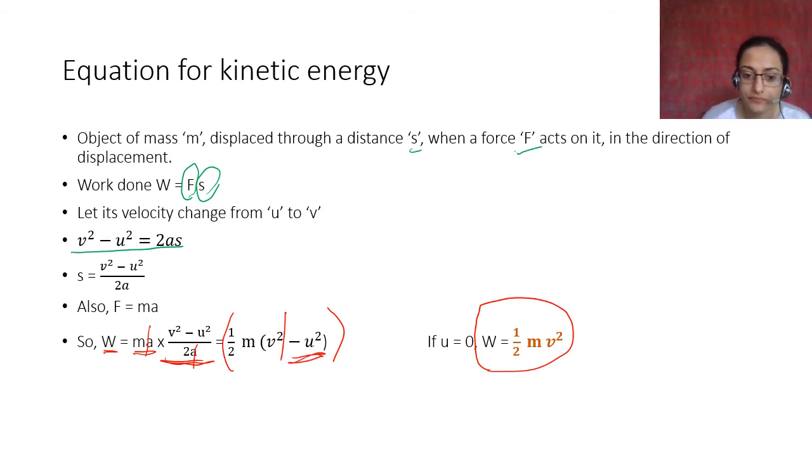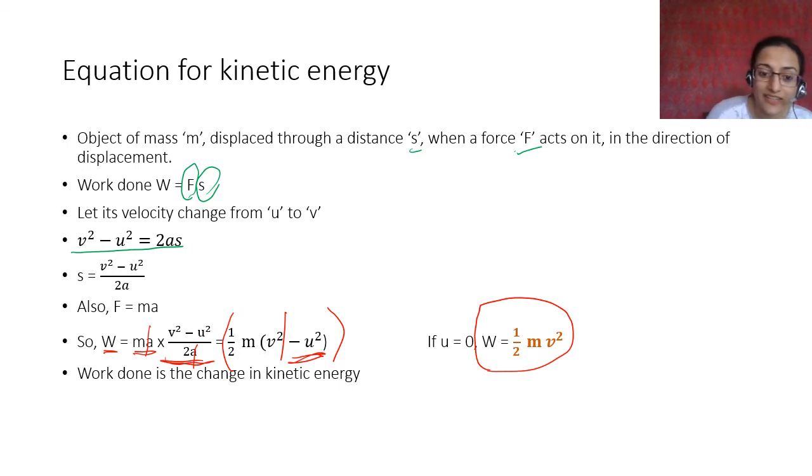Work done is the change in kinetic energy. Work done is the change in kinetic energy. In this case, work done is the change in kinetic energy. If it is moving from 0, then the kinetic energy at that point of time was 0.